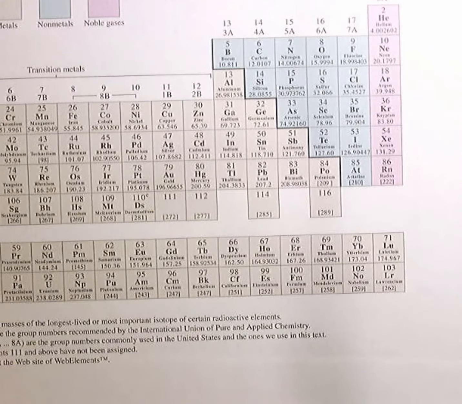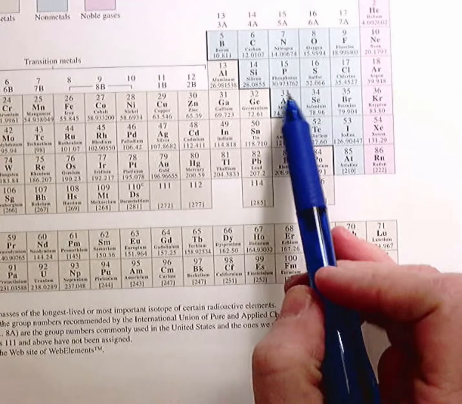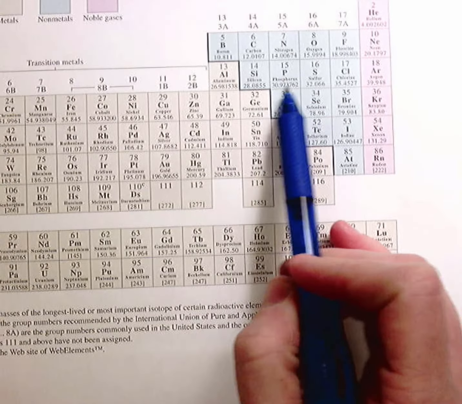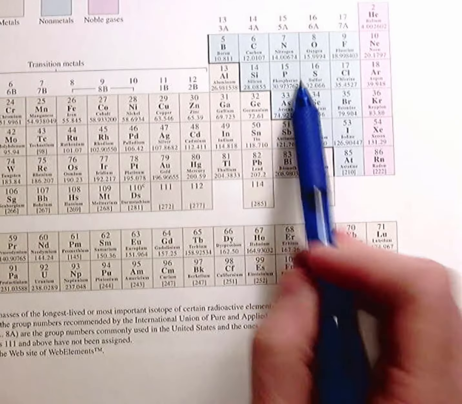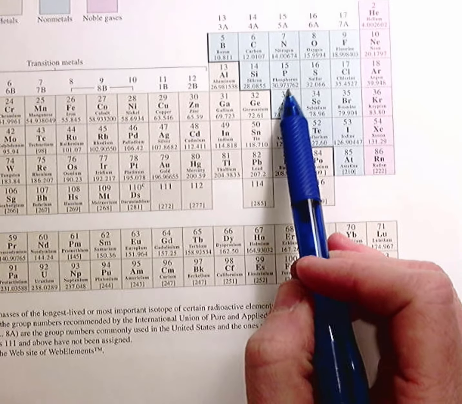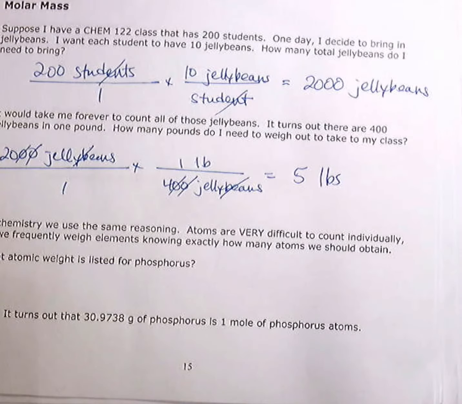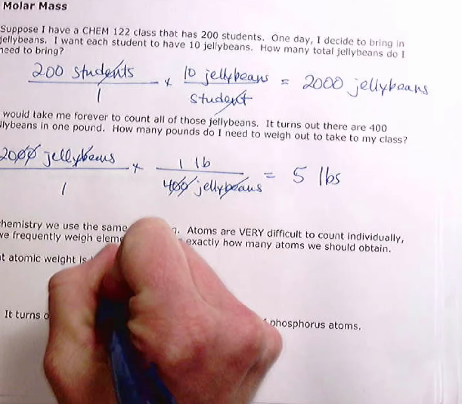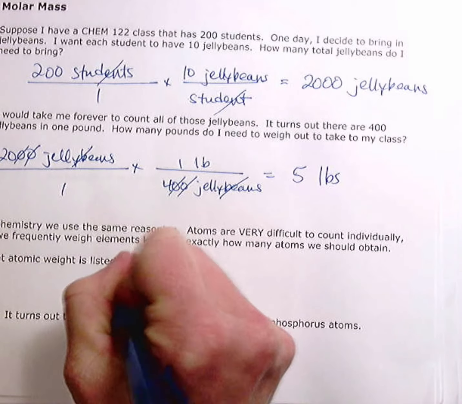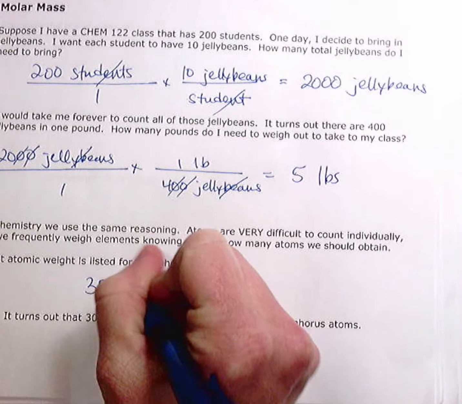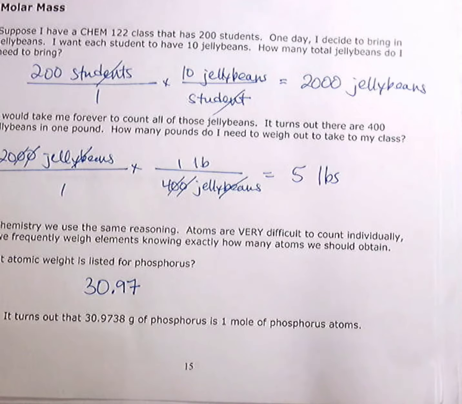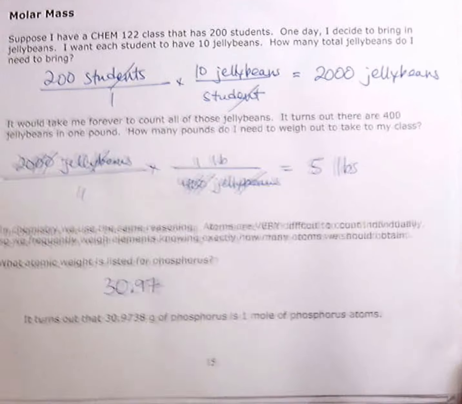And if you look at phosphorus, there is a number that's written underneath phosphorus. Not the atomic number, but this. And this is the atomic weight. So in the atomic weights, we just round to the hundredths. So this, 30.97, is what's listed for phosphorus.